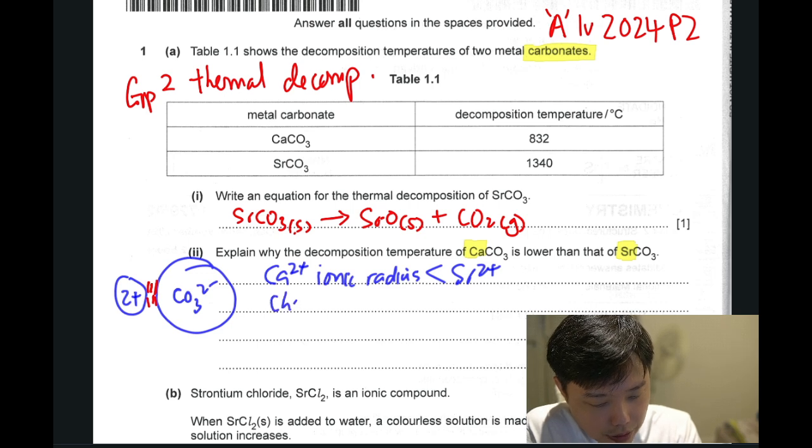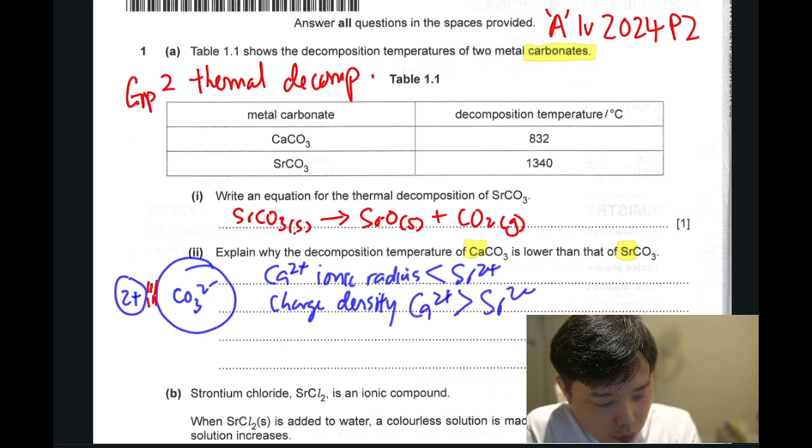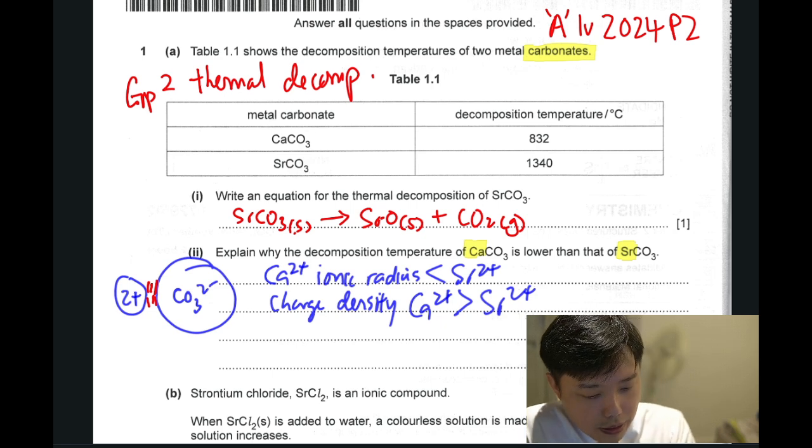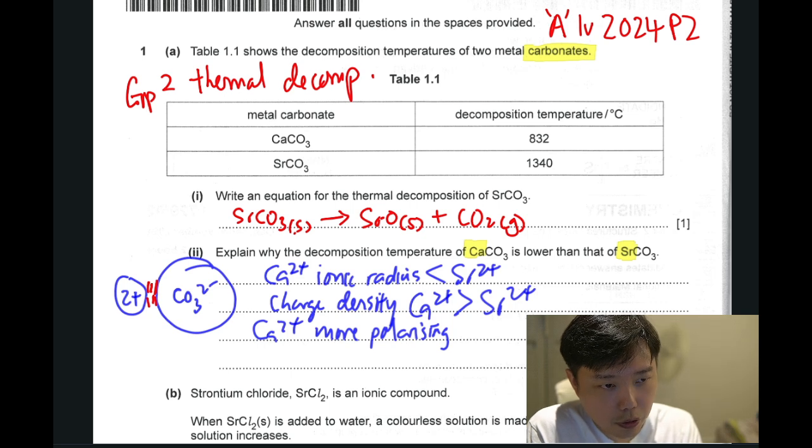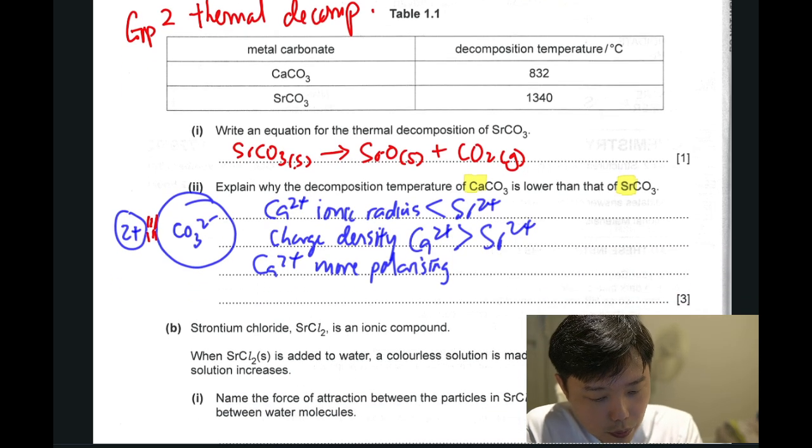So the charge density of calcium 2 plus is going to be higher than strontium 2 plus. This means that calcium 2 plus is more polarizing. When you have the calcium 2 plus cation more polarizing, it will distort the carbonate anion electron cloud more.